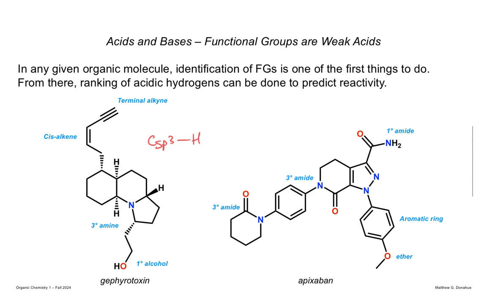In apixaban, we have a tertiary amide, a benzene ring, another tertiary amide, primary amide, aromatic ring, ether, and then you have your sp3 hybridized C-H bonds.